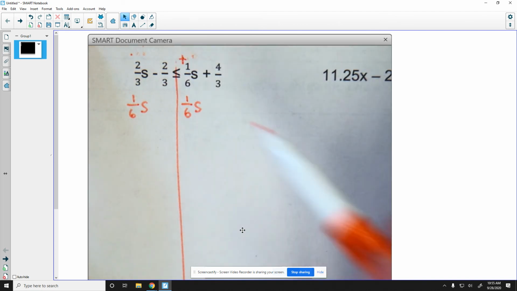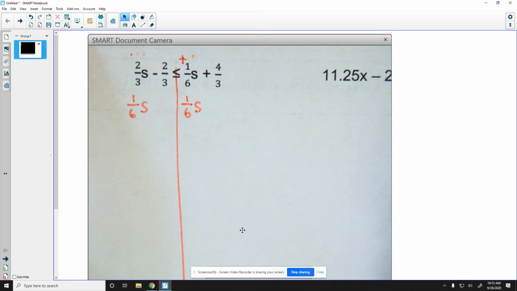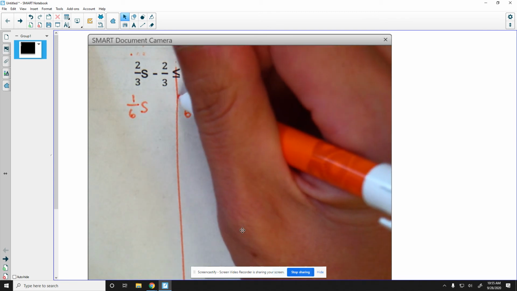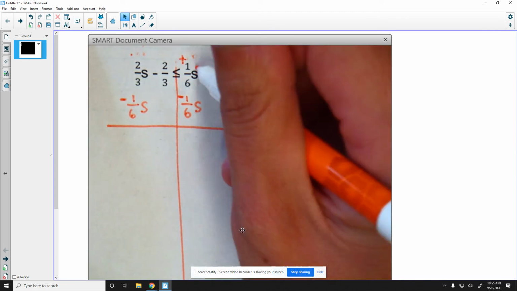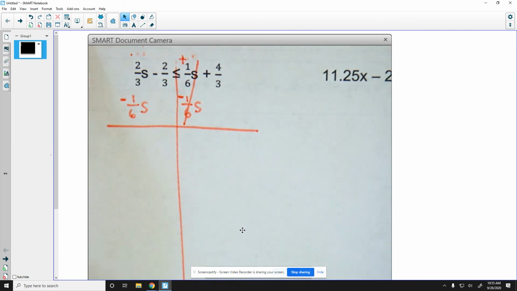So what's opposite of a positive? Anyone else online? What's opposite of a positive? Thank you, Tyler. Negative. That's right. Negative or minus. So you're going to minus 1/6 S on both sides. So that cancels out. So I can rewrite my problem.